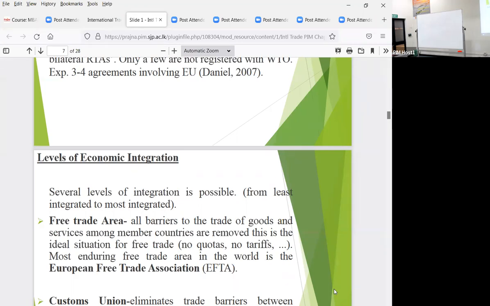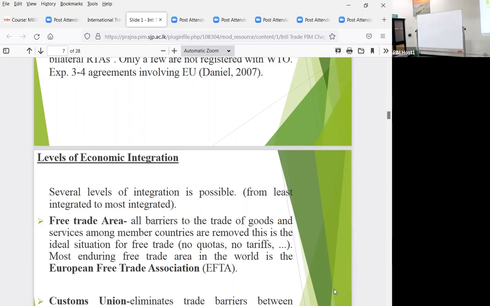France does not have its own currency or own policies, it's a common policy for everyone. So everything is a matter of whether the sacrifice of your sovereignty is worth the gain from the integration. That is the question somebody has to answer. So every time you go further, you are losing your sovereignty as a nation, right?